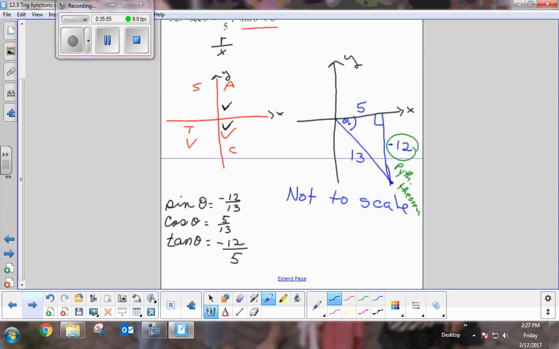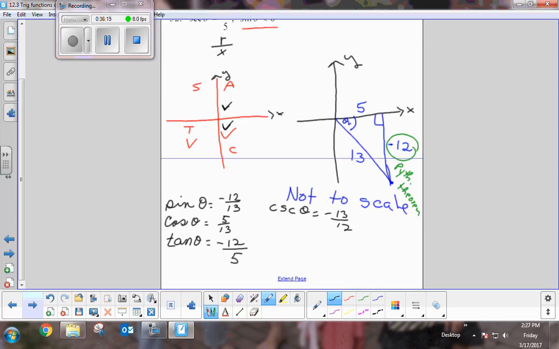Yes, Seer? I don't really know the full angle in standard position, but I don't know that angle. Okay, and then the cosecant of theta is the reciprocal of the sine.